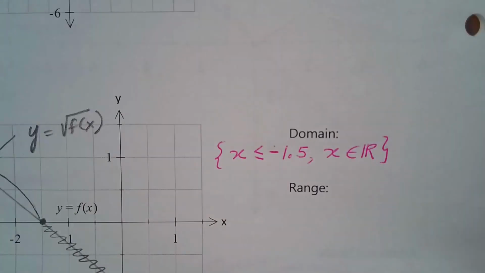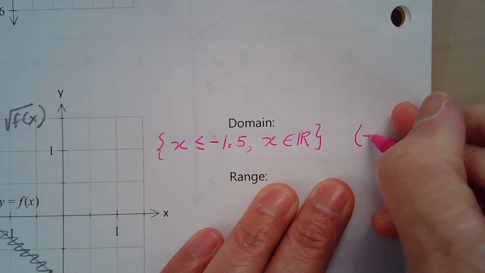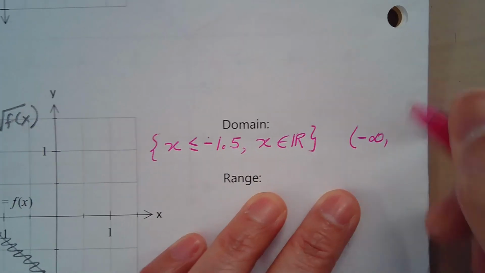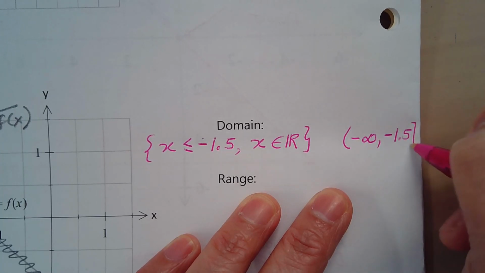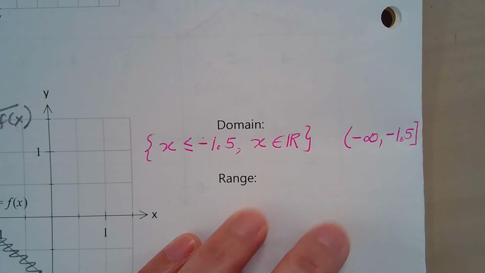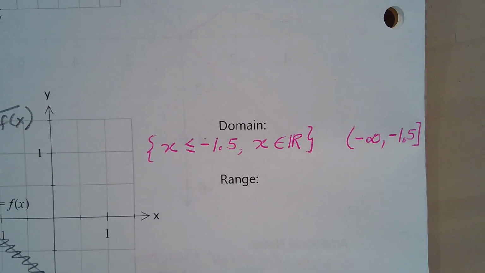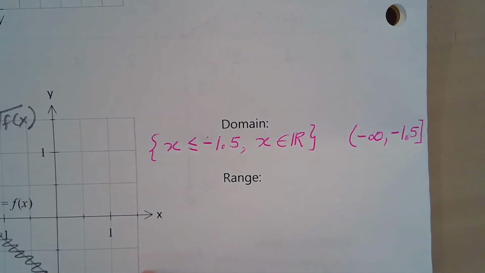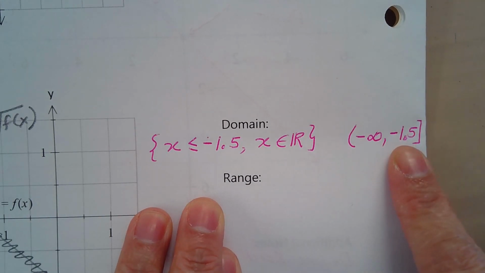Or, what's the other way? We can say from negative infinity up to negative 1.5. These are saying the same thing, but one is set notation and the other one is interval notation.